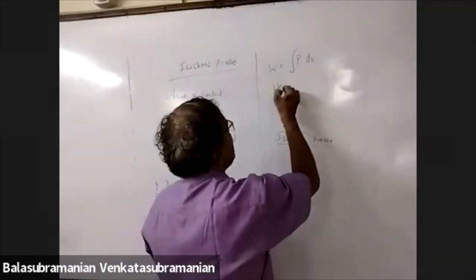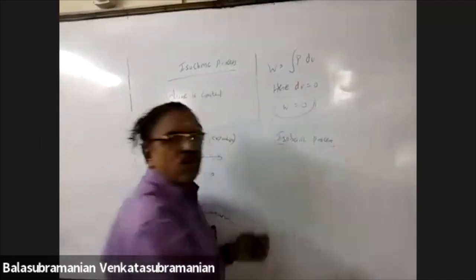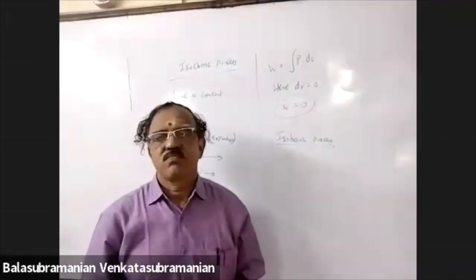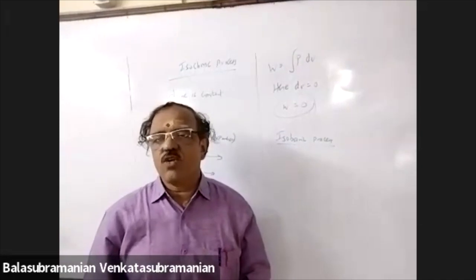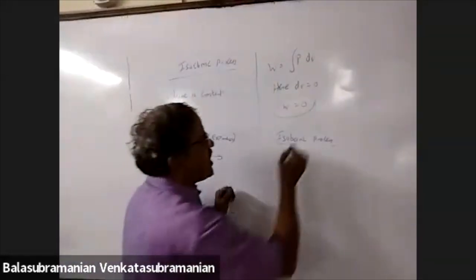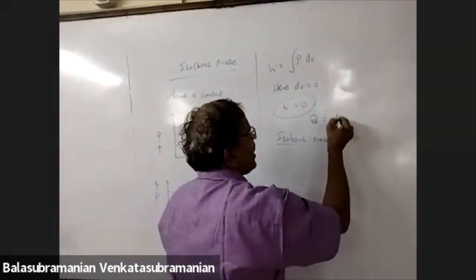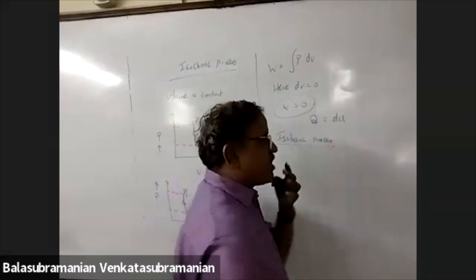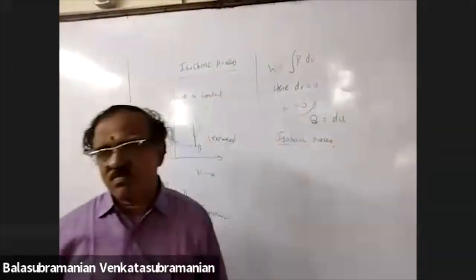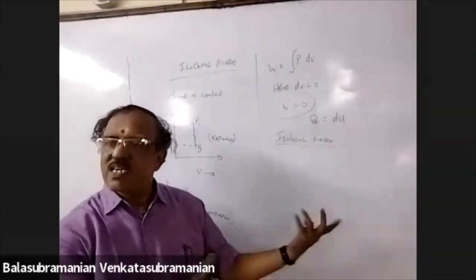Here, dV is equal to 0. So, W is equal to 0 here. No change in volume, so no work done. So whatever energy you are giving, it is nothing but change in internal energy only. Thermodynamics first law. No work done at all.